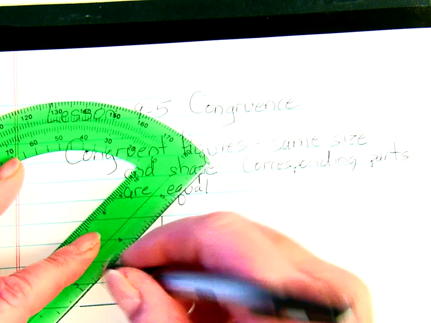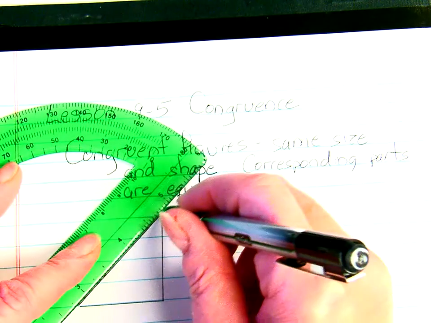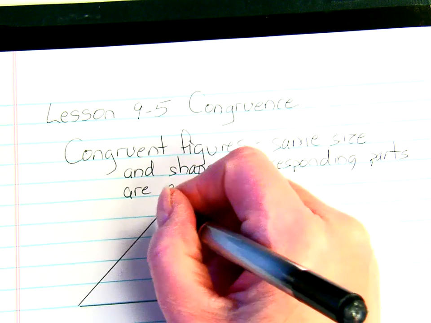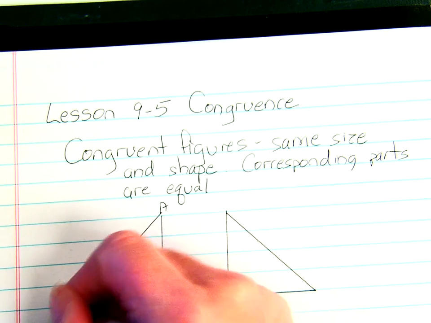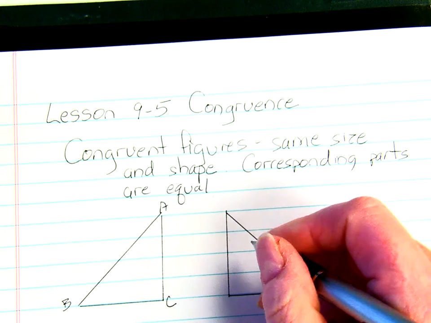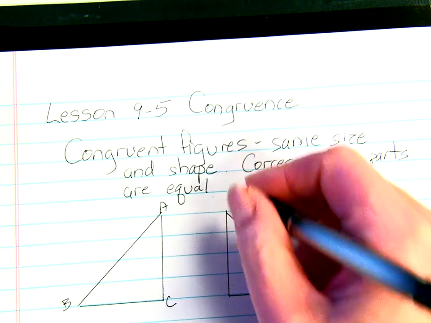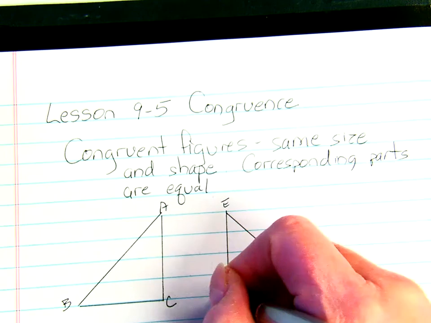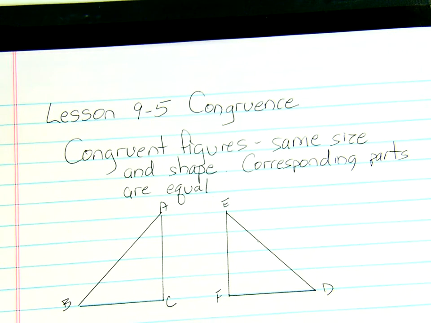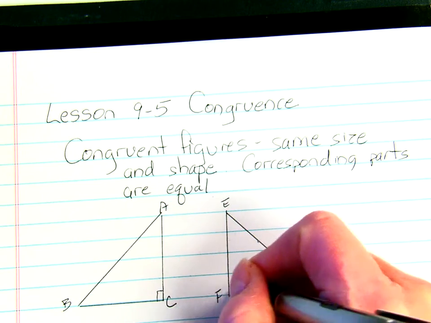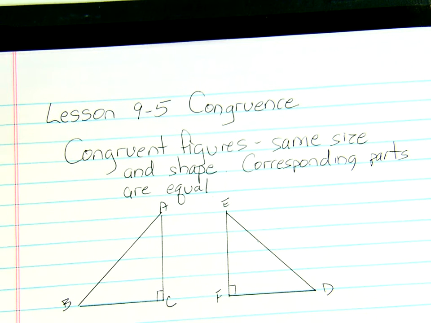Whether they are or not, we are going to look at them as if they are congruent. So we've got A, B, and C, and we've got D, E, and F. And what we're going to say is that this is a right angle down here. These are right angles.